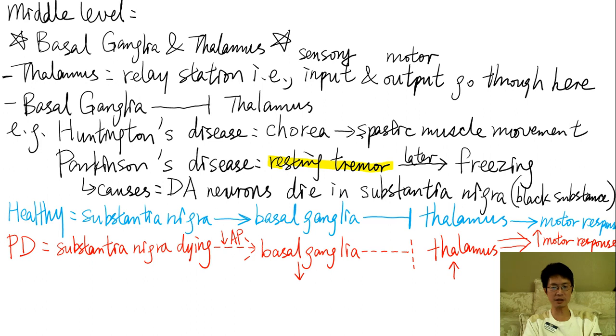As the disease progresses, what happens? The dopaminergic neurons continue to die, and your substantia nigra continues to die.